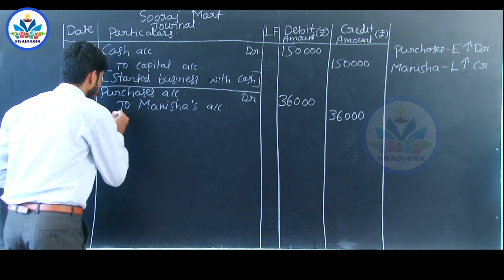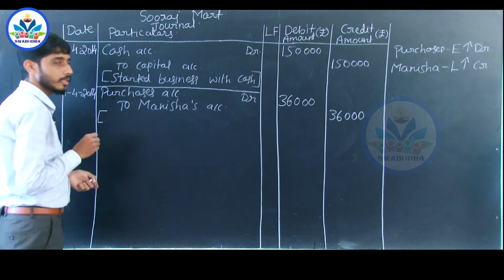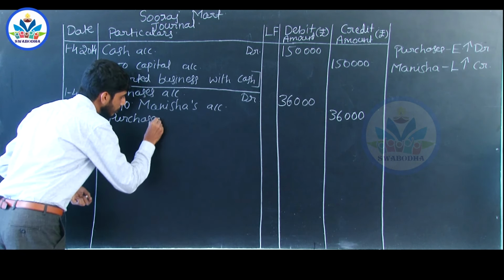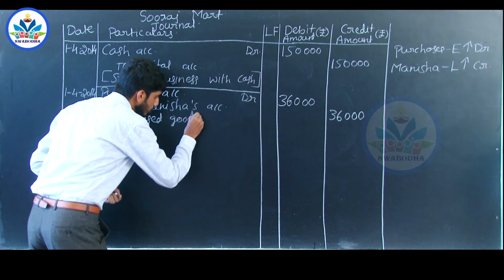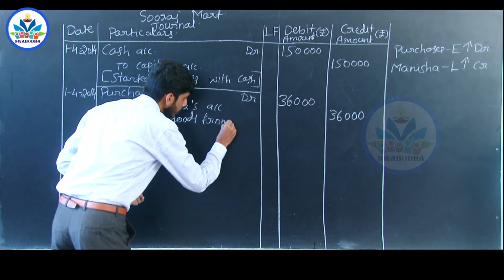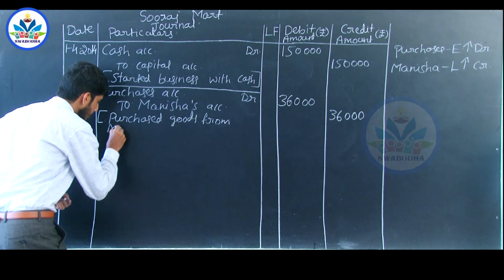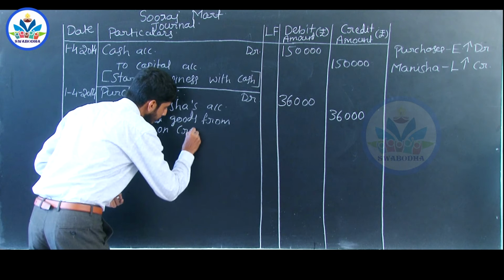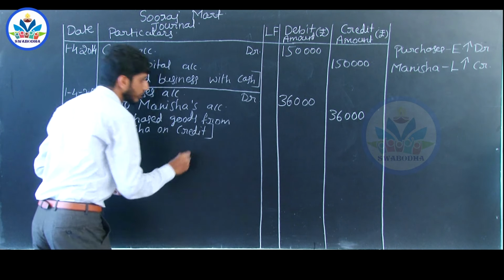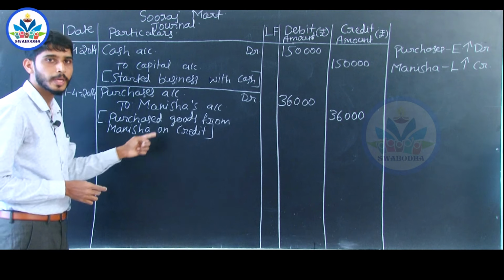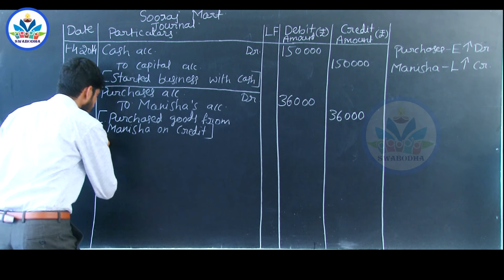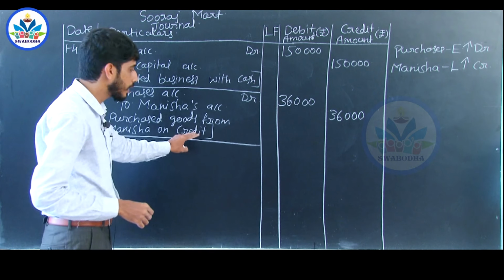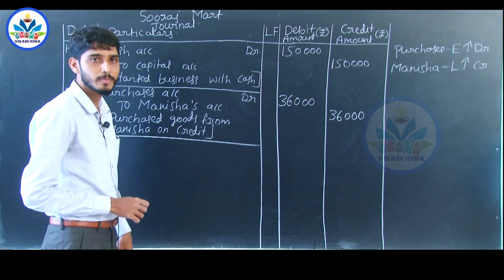After that, you are supposed to write the narration. Purchased goods from Manisha on credit. That means you have the responsibility to pay to Manisha. Then you have to draw a line which indicates the transaction has ended.